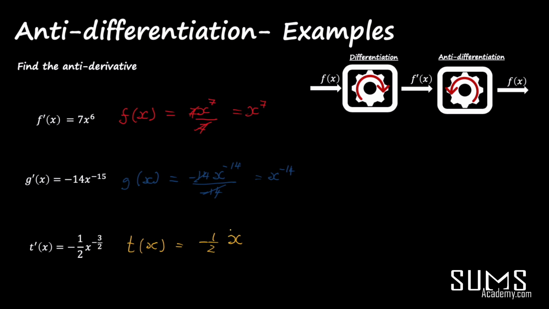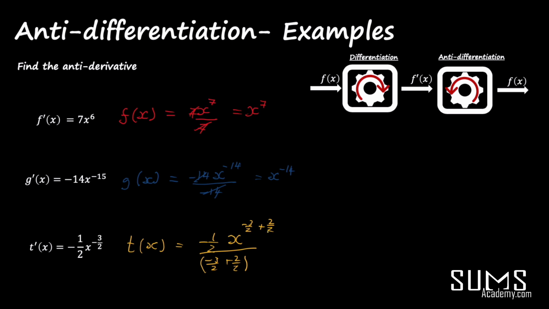So you're going to have this negative 3 over 2 plus 1, which would be basically 2 over 2, all over this negative 3 over 2 plus 2 over 2. I'm just showing all the steps here because it's a fraction to make it a little bit easier.